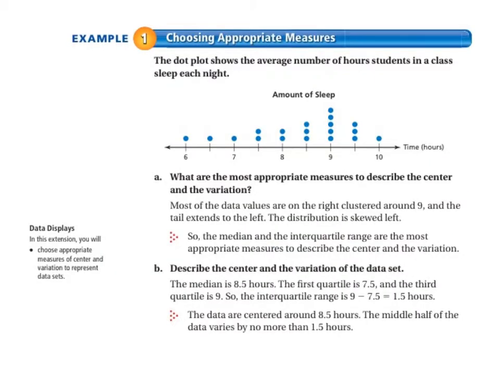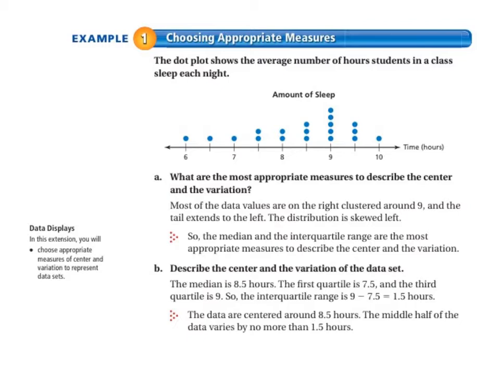Now let's take a look at example 1. Choosing appropriate measures. The dot plot shows the average number of hours students in a class sleep each night. Letter A asks us what are the most appropriate measures to describe the center and the variation.